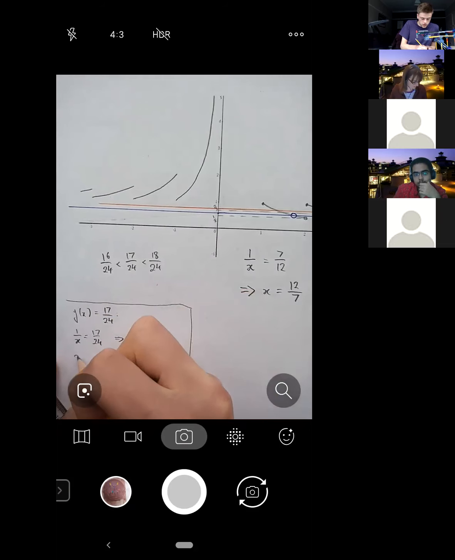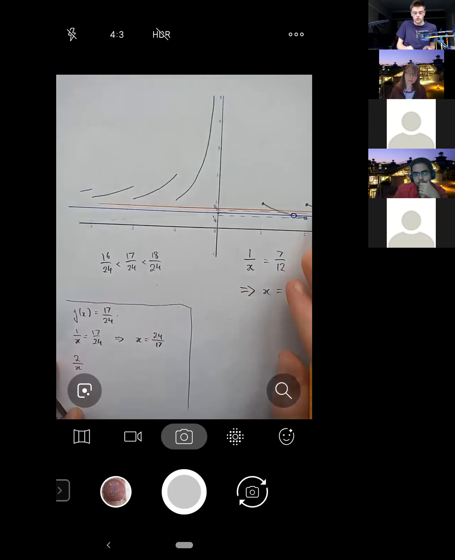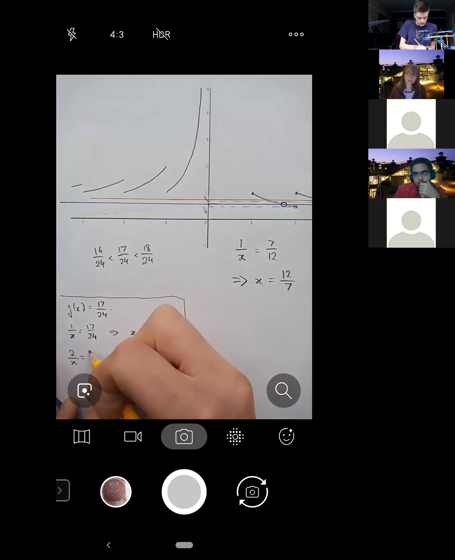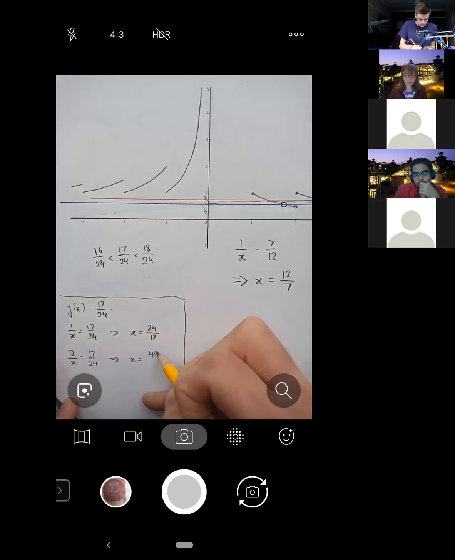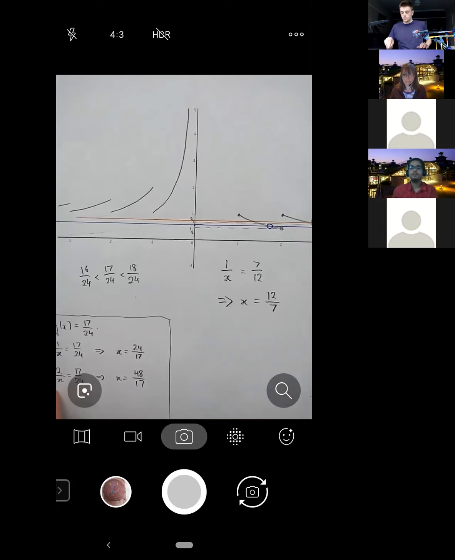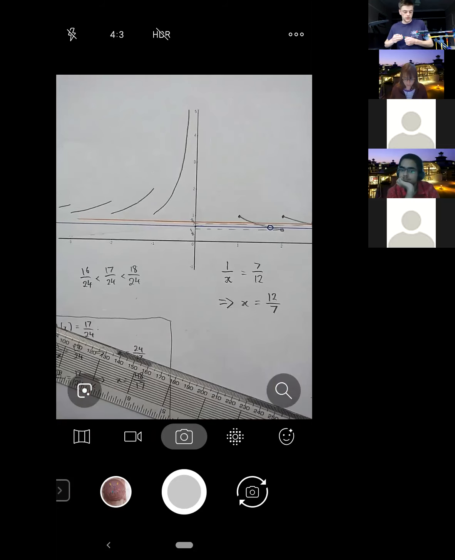And also where 2 over x, because we've got this branch which looks like 2 over x, is 17 over 24, and we solve that to get x is 48 over 17. And these are our two solutions. Finally we have to solve 4/3, same drill.